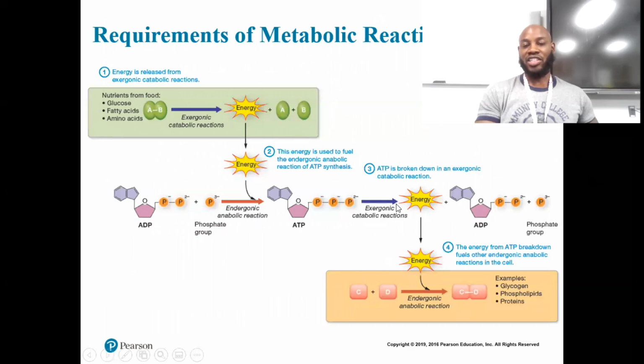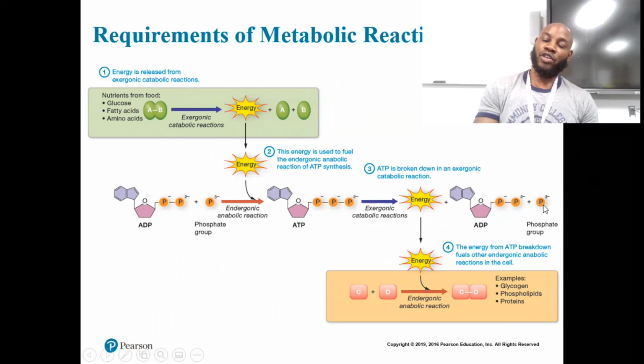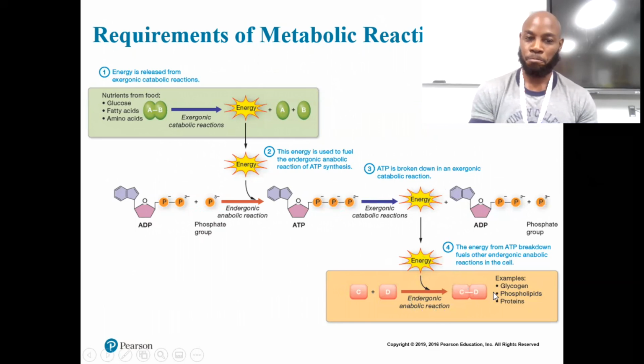But then that ATP can go into an exergonic reaction, where it releases its third phosphate and releases energy inside the cell, and the cell can use that energy for an endergonic anabolic reaction where we build a protein, for instance.